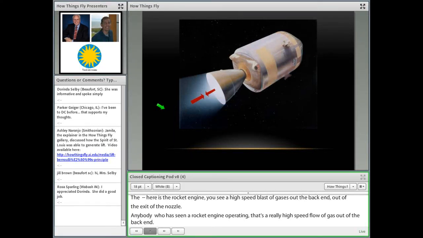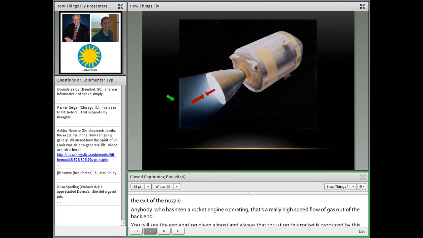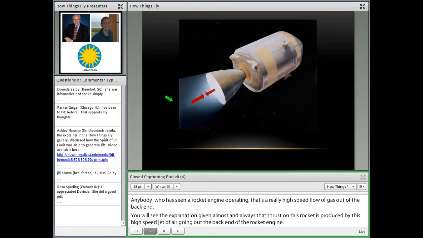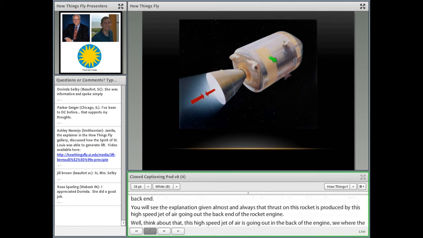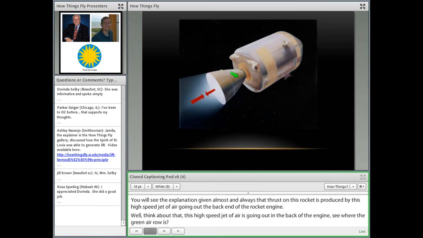Well, think about that. This high-speed jet of air is going out the back of the engine. See where that green arrow is? It's down there. Now, how in the world can that high-speed jet of air down there have any effect on literally what's happening with the rocket engine?